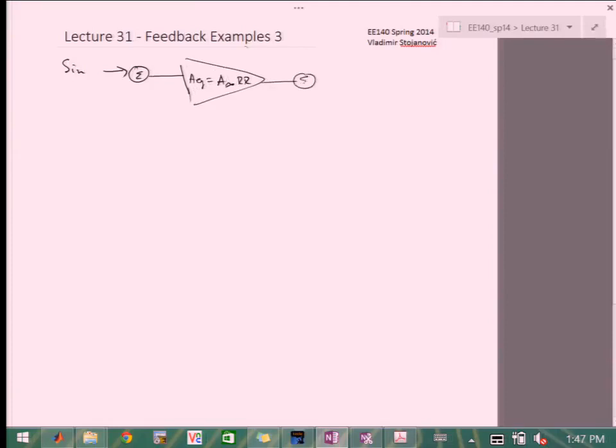And we have another summation node, and this is our S out. And then from here, we're feeding back 1 over A infinity. Remember, A infinity was 1 over F, ideally, right? So this is 1 over F, which is F.